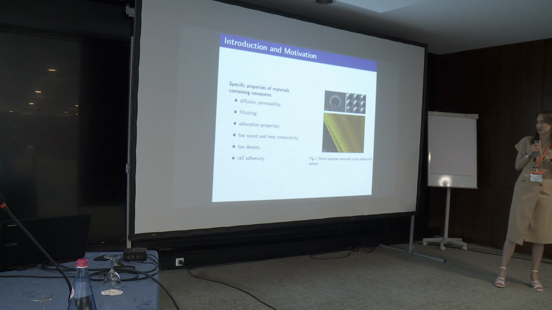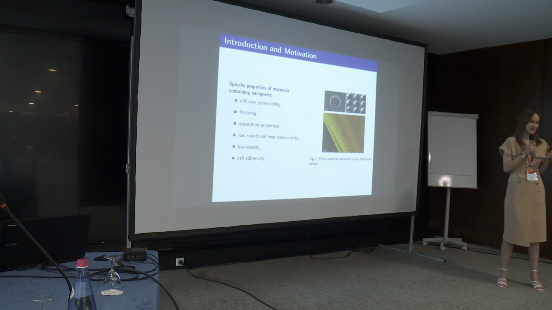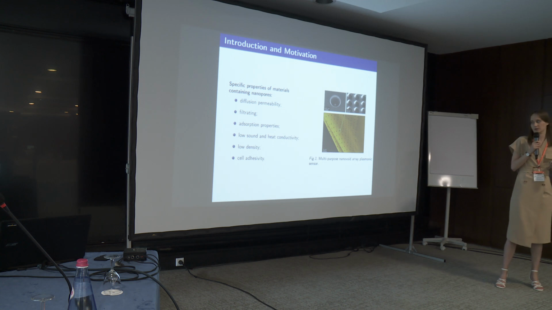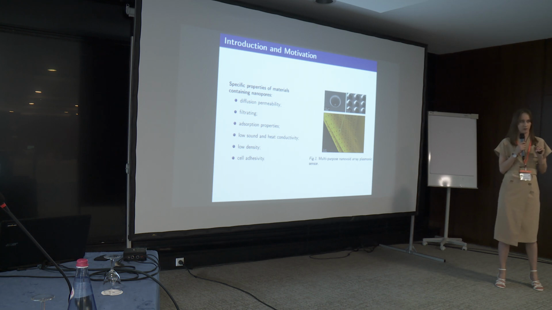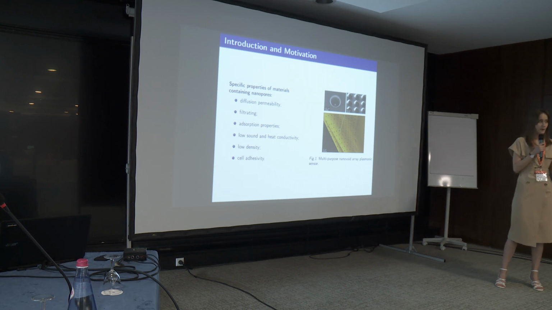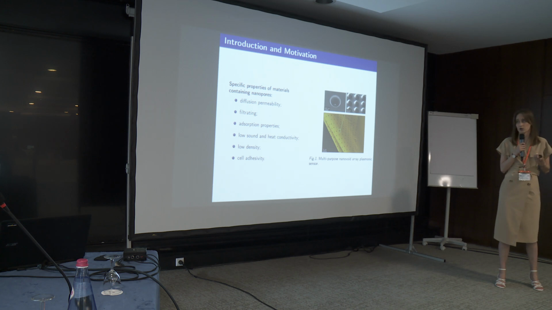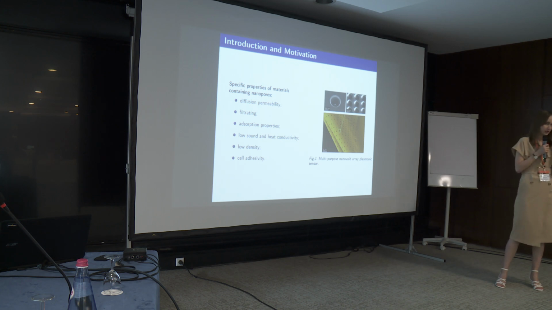Previous talk was where we can find these nano defects, for example. It can be, maybe, implantology, for example, because these surface properties are similar to biological tissue, so they have good agreement and integrate in it.